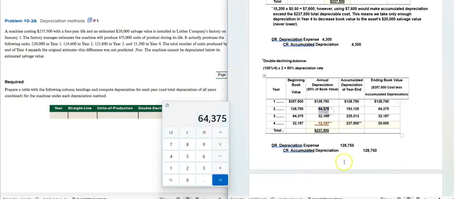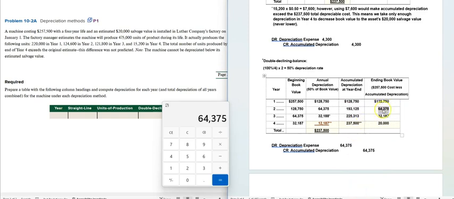Depreciation for year 2, $64,375. Accumulated depreciation credit $64,375. When that is recorded, it will cause accumulated depreciation to increase to $193,125. My book value will fall from $257,500 minus $193,125. It falls to $64,375.